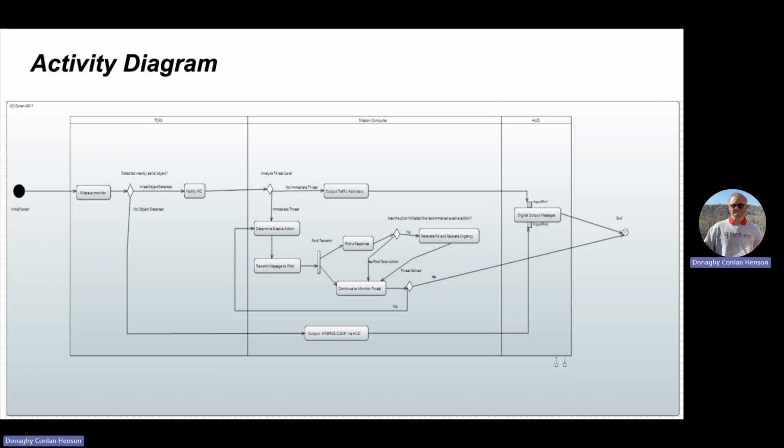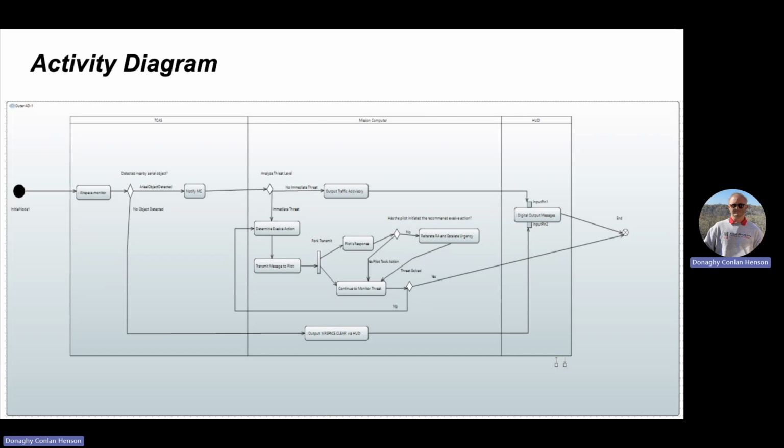If so, notify the mission computer. Another conditional diamond is evaluated, the threat level. If there is no immediate threat, then output the traffic advisory to the heads up display partition containing the digital output messages behavioral block. And from there, the program ends.